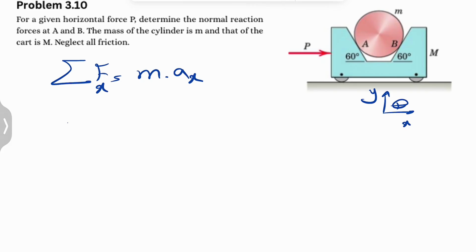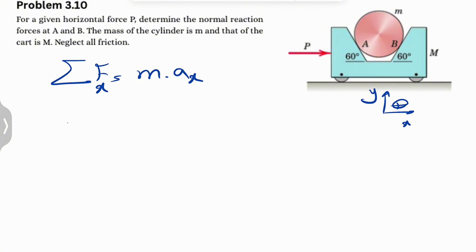First, we can show the forces for the entire system, which would be the mass of the cylinder and the mass of the cart, and we're also going to have the normal forces on the wheel, but we don't need to show those since we are moving in x direction.